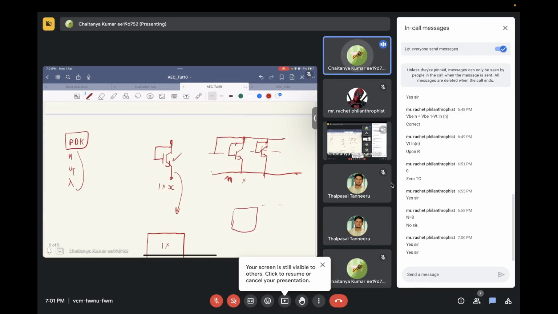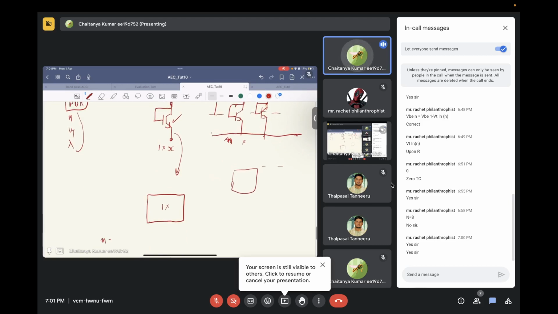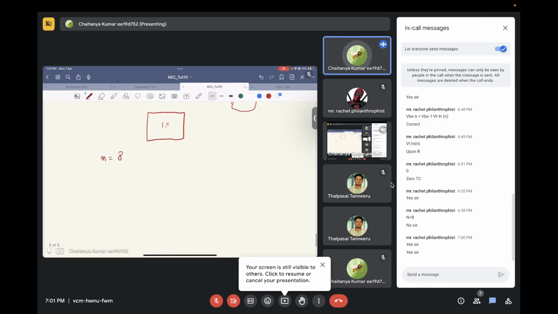To have that symmetry, generally the value of n is chosen as 8. So you will place the 1x transistor in between, and you will place the 8x transistor around it.